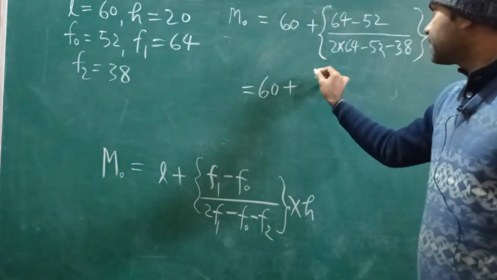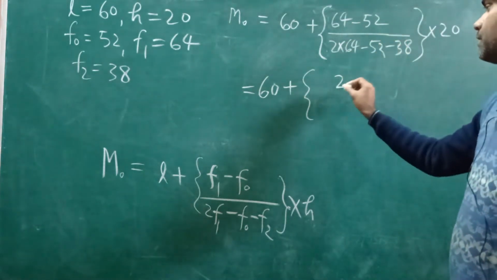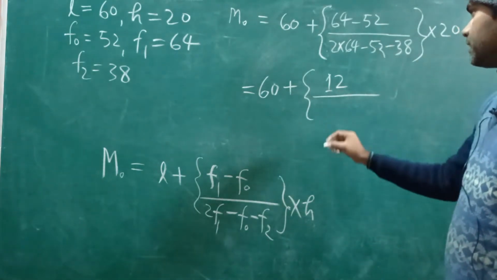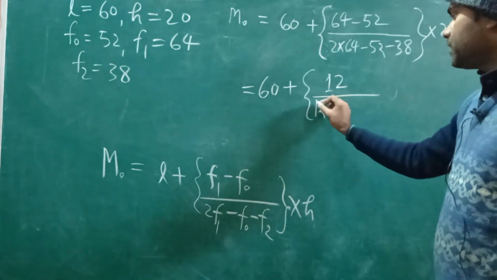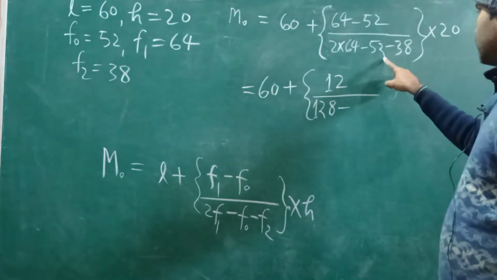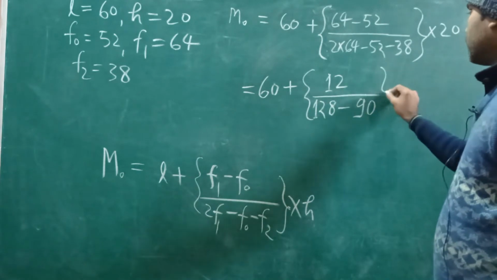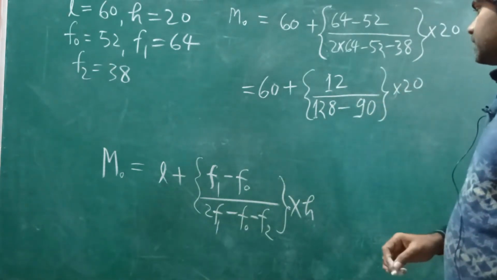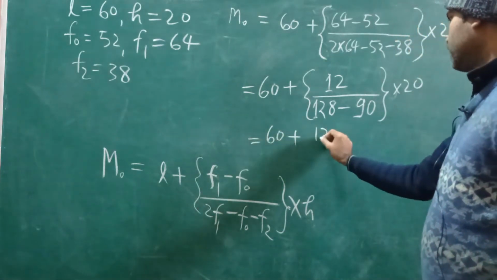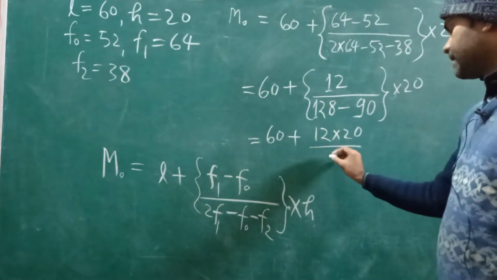60 plus 64 minus 52 is 12, divided by 2 times 64, which is 128, minus 52 minus 38, which is 38, into 20. So 60 plus 12 into 20 divided by 38.